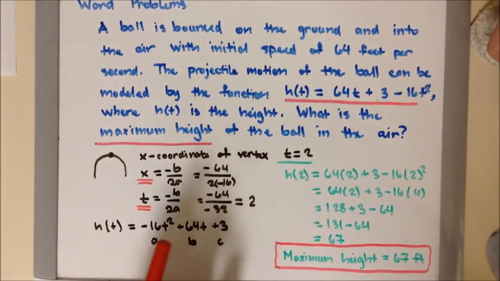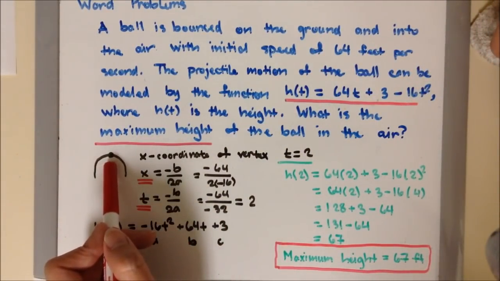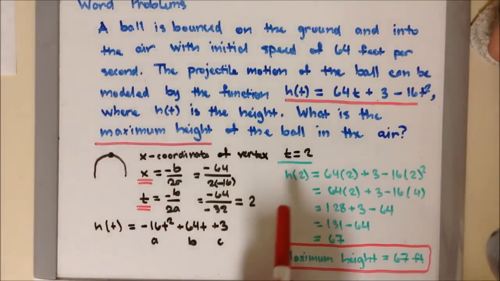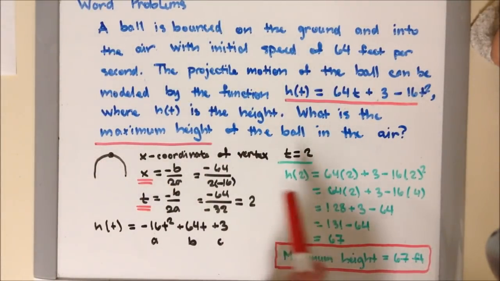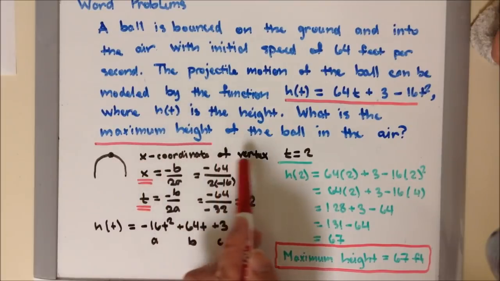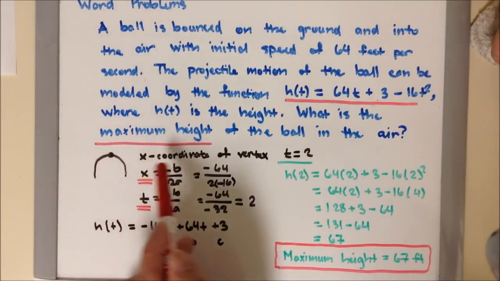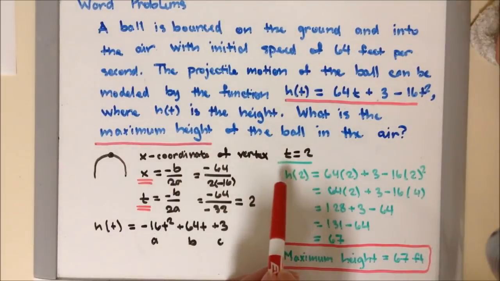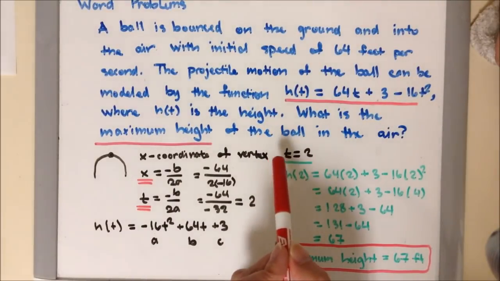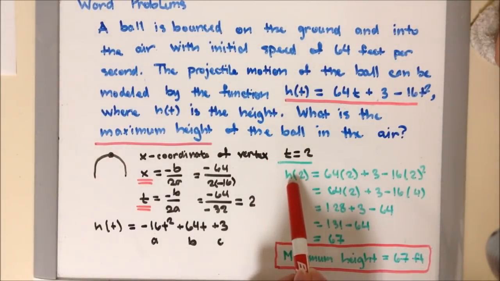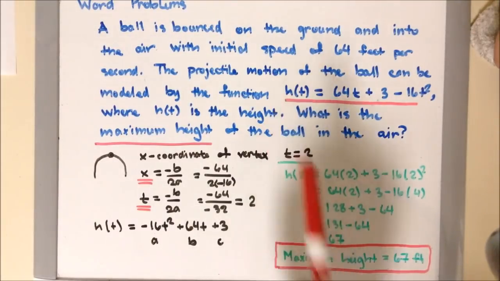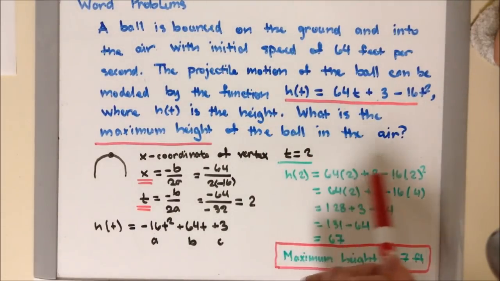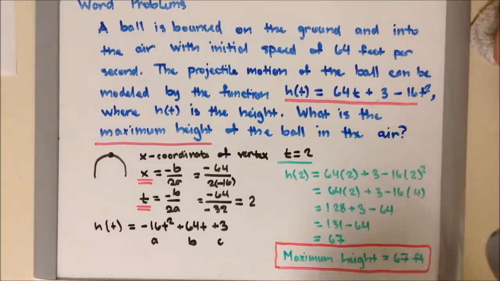And in order to find the height, which is the y-coordinate of the vertex, in this case h of t, we plug it in and simplify using PEMDAS. We got 67. Maximum height equals 67 feet.